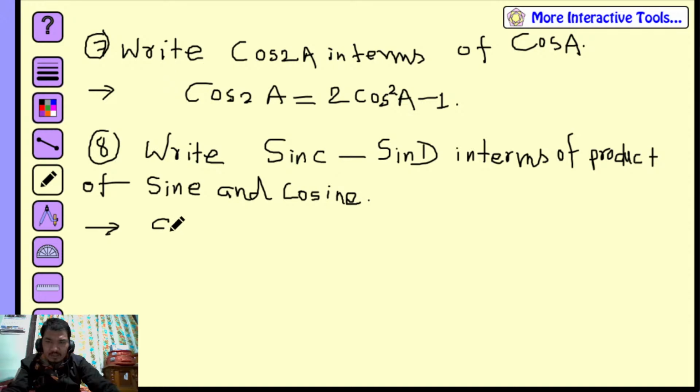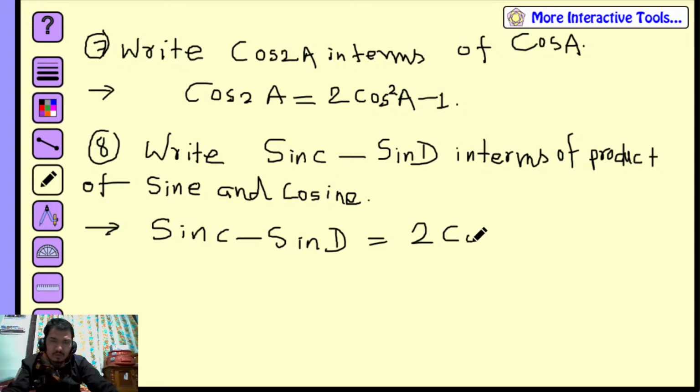The formula is sin C minus sin D equals 2 cos (C plus D) divided by 2 into sin (C minus D) by 2.